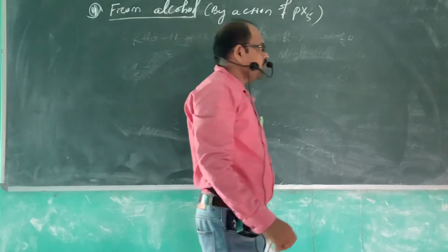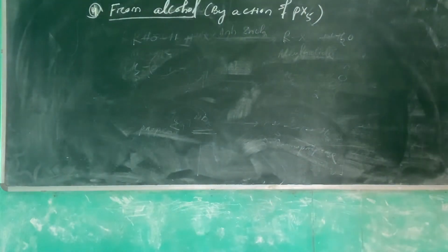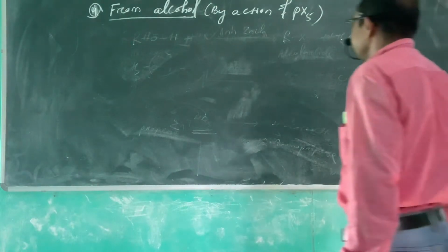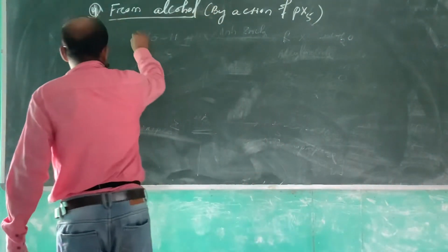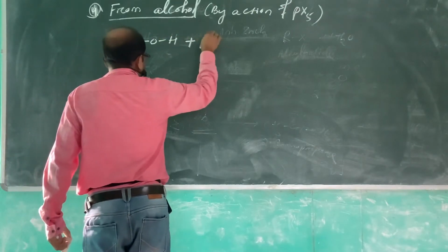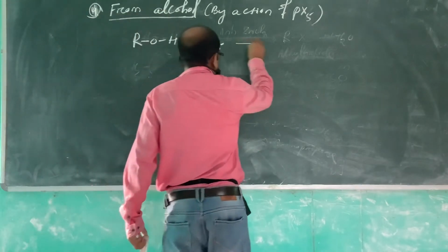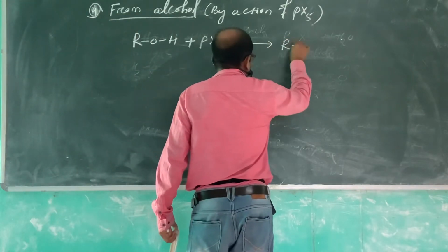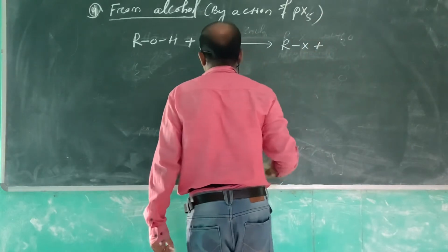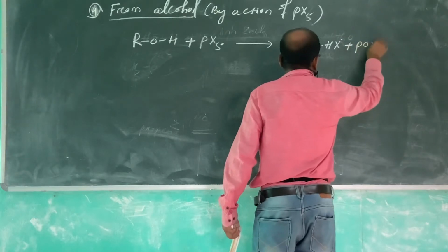When alcohol reacts with the PX5, phosphorus pentahalide, to produce corresponding alkyl halide. ROH, formula for alcohol, PX5, formula for phosphorus pentahalide, gives rise to RX plus HX plus POX3.